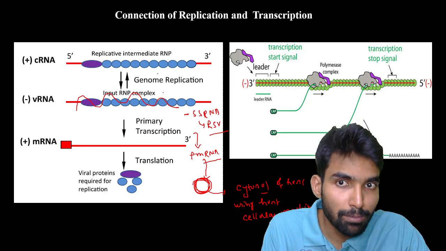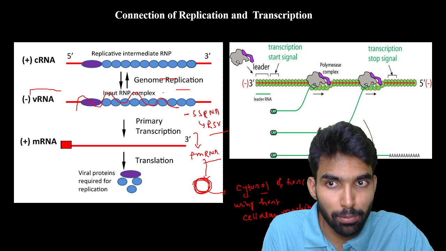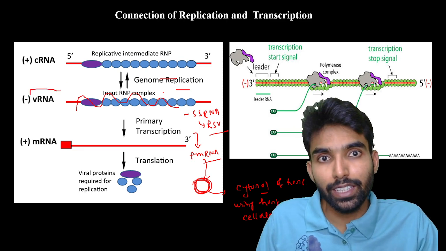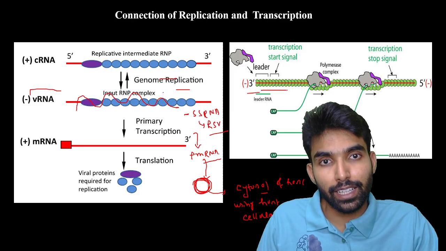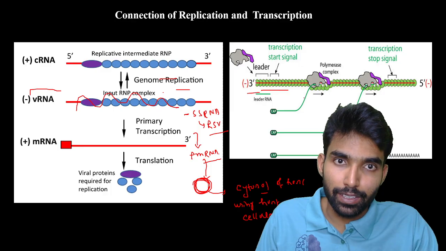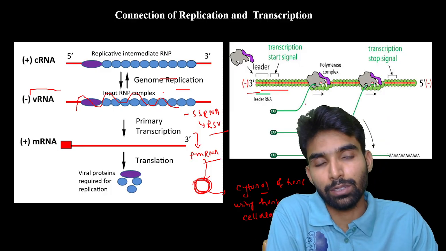Using the positive sense as a template, it can make a lot of negative sense RNA, right? That's its own genomic material, right? The same thing is shown here. If one virus has negative sense RNA, first it needs to be positive sense mRNA, and following this, all the translation and transcription will happen.